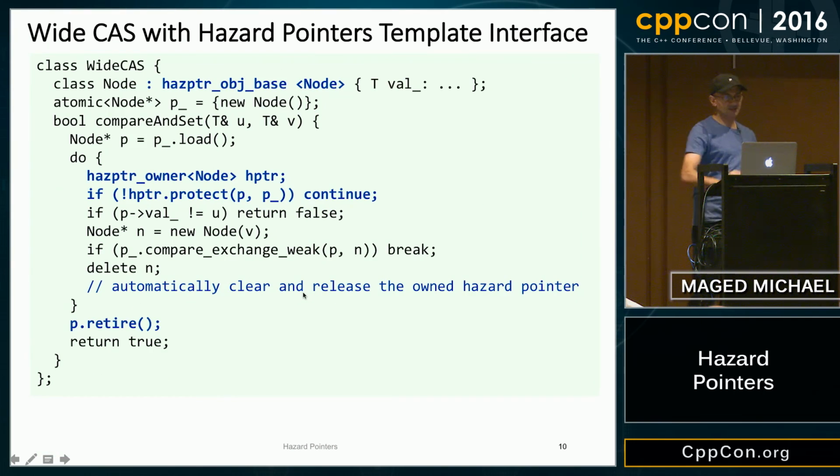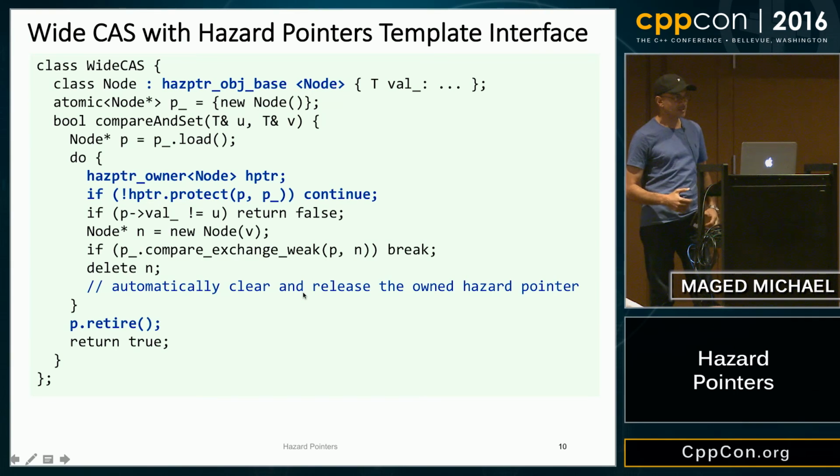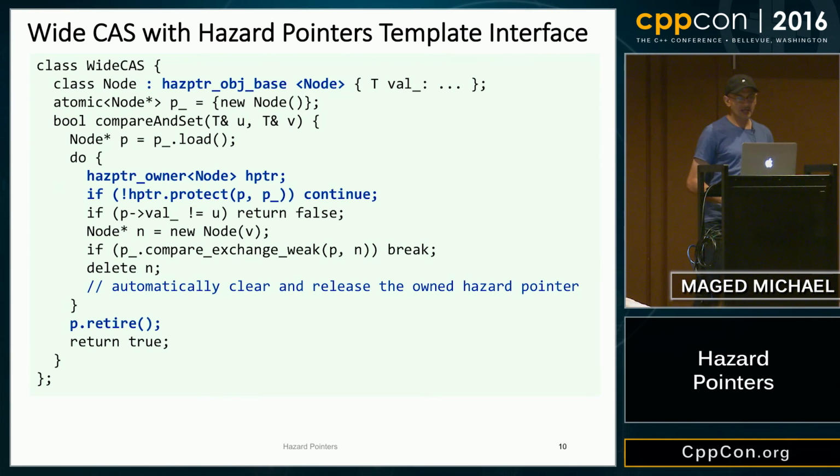So this is more like the template interface that we have right now. It would look like the node inherits from some type that adds some capabilities. And we have a hazard pointer owner that automatically acquires a hazard pointer, so it's an RAII interface, and a protect function that protects the value.